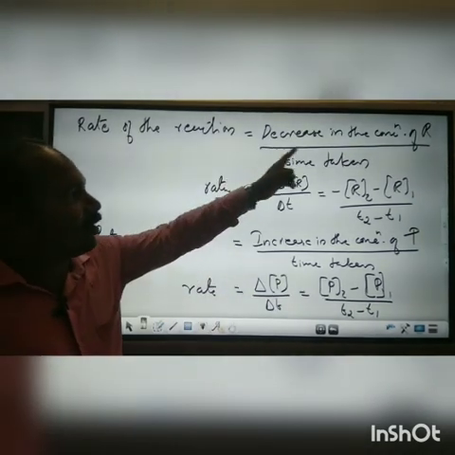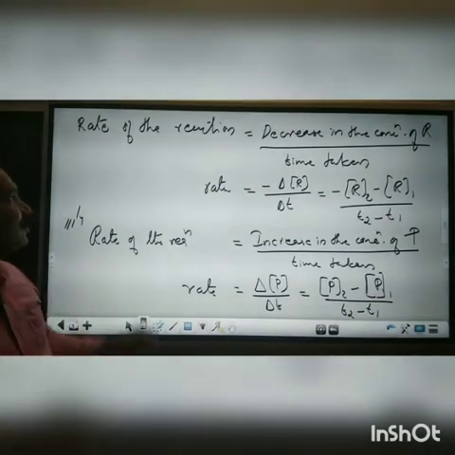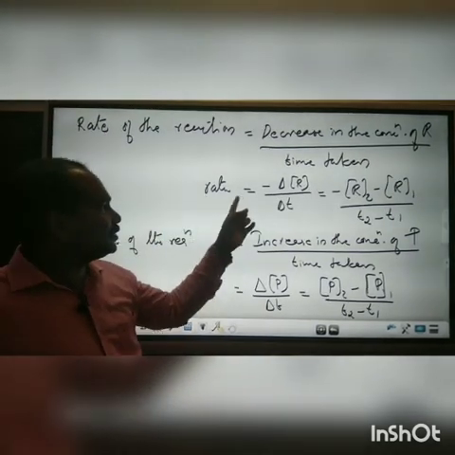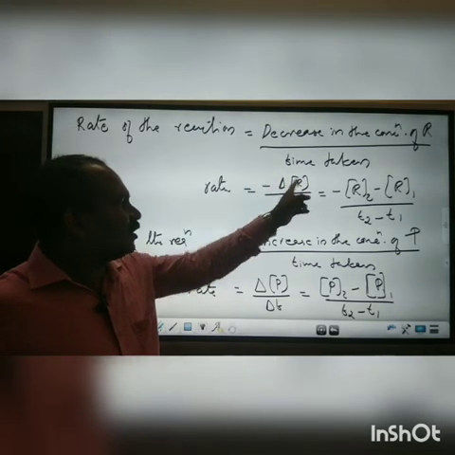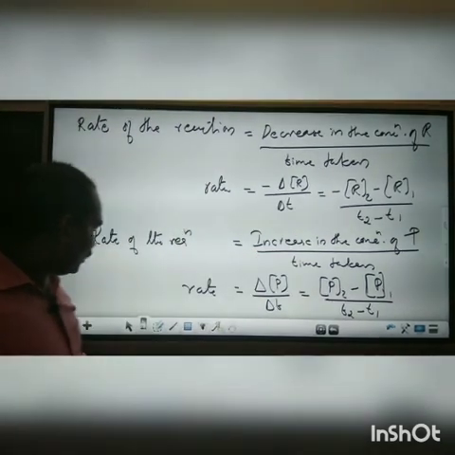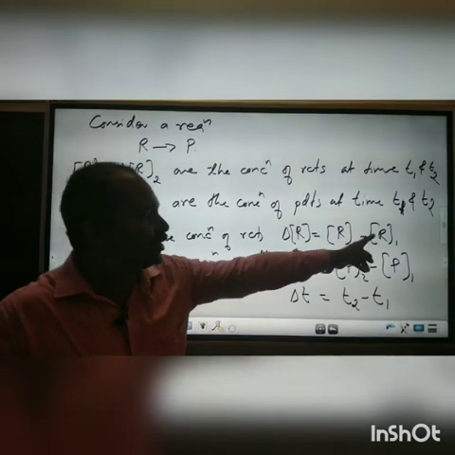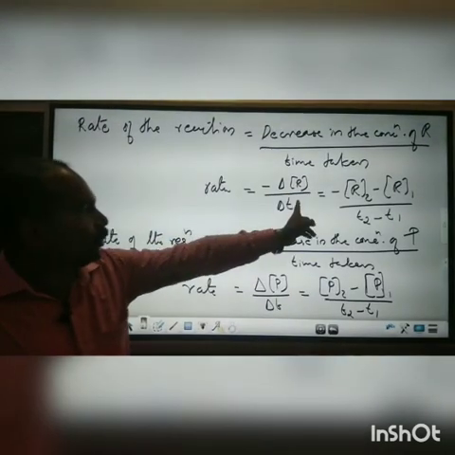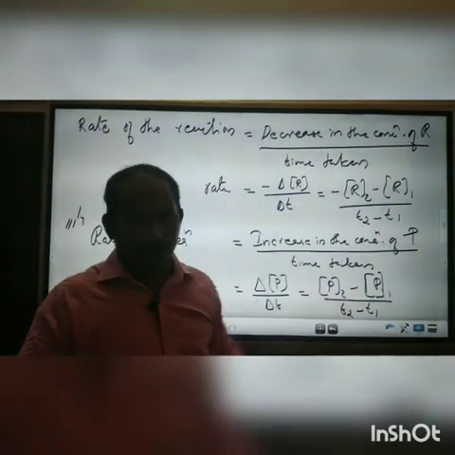So decrease in the concentration of reactant divided by time taken. So rate of the reaction can be expressed as rate is equal to minus delta R divided by delta T. Delta R is, as earlier, R2 minus R1. So you have to substitute into the equation: R2 minus R1 divided by T2 minus T1.